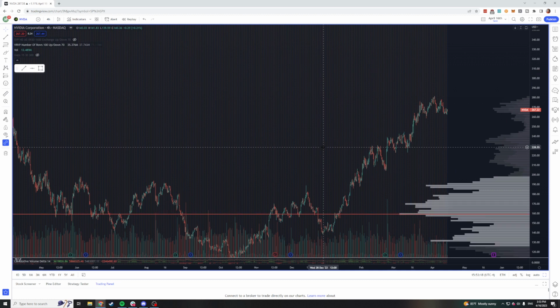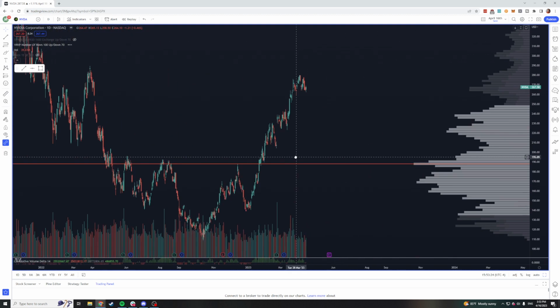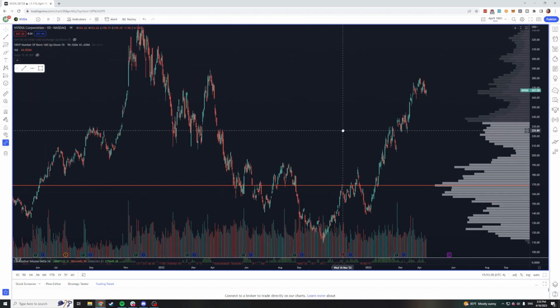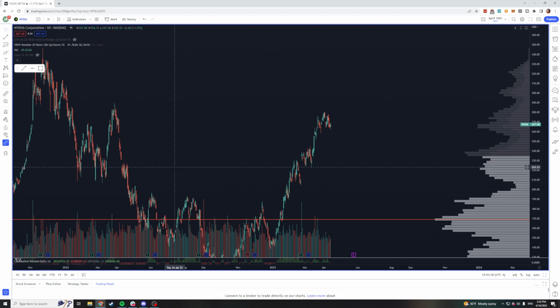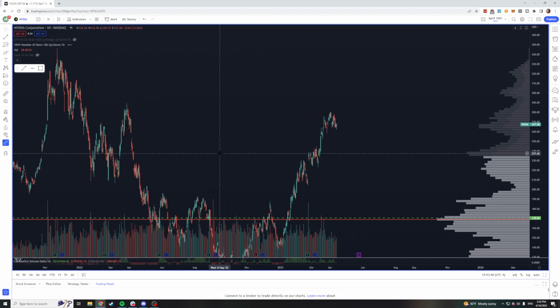Well, let's look at NVIDIA for real then. So let's go to the 1 day. POC is still down there. Was I looking at an NVIDIA? I'm so confused. POC at 169. I feel like I was, but just on some weird, a different ticker.